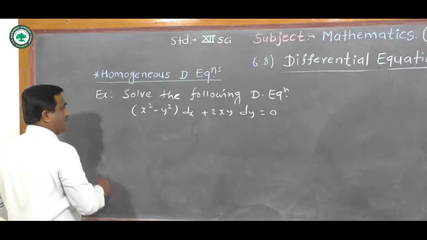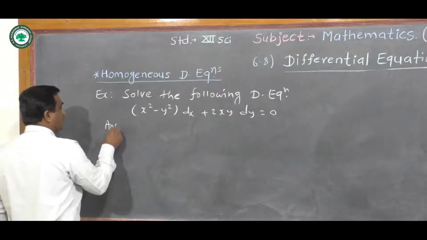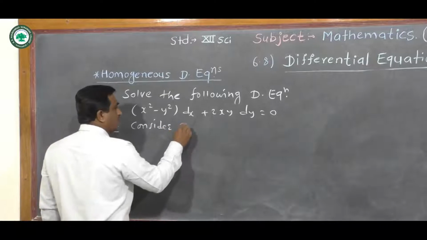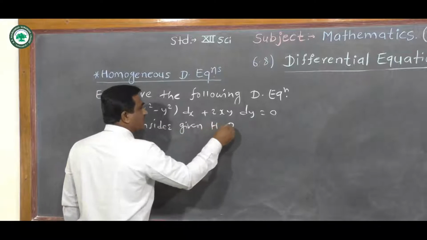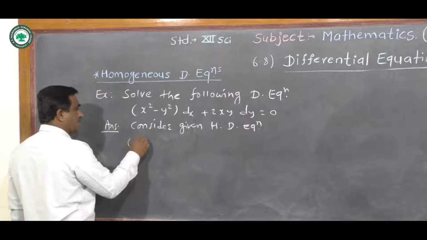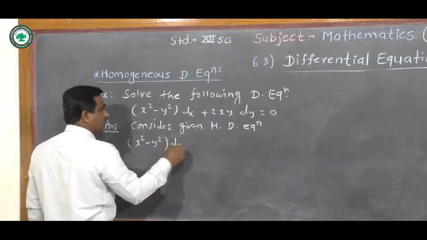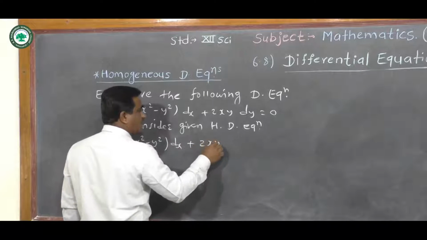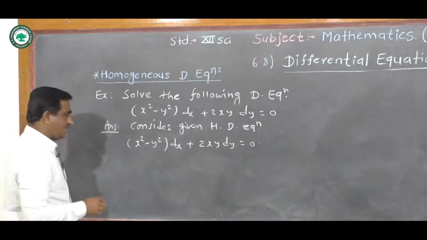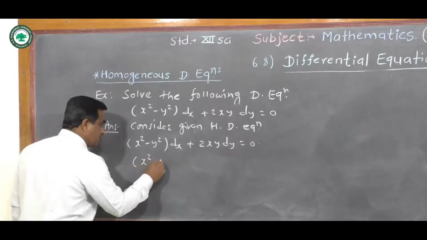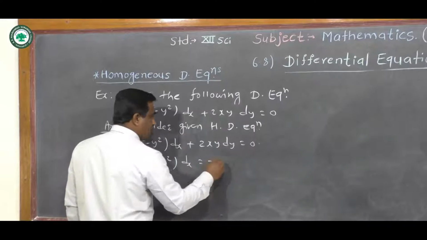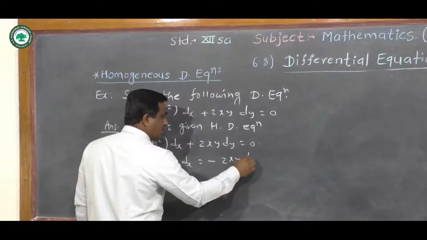Now we see the answer for this example. Consider the given homogeneous differential equation. Okay, that is x square minus y square into dx plus 2xy into dy equal to 0. Now first we find the value of dy by dx here. Therefore x square minus y square into dx is equal to minus 2xy into dy.